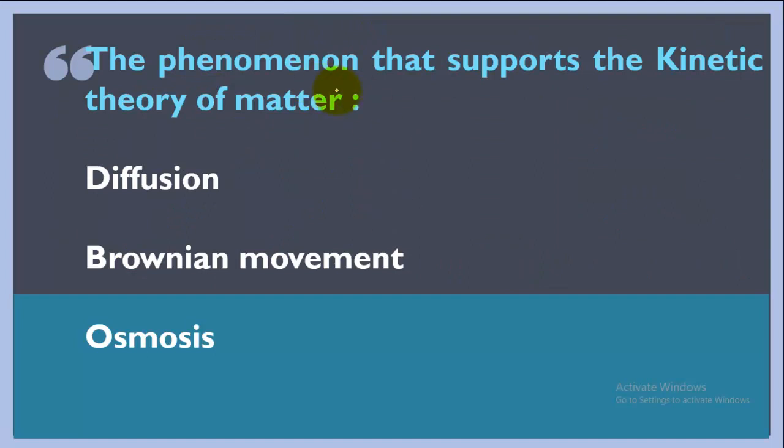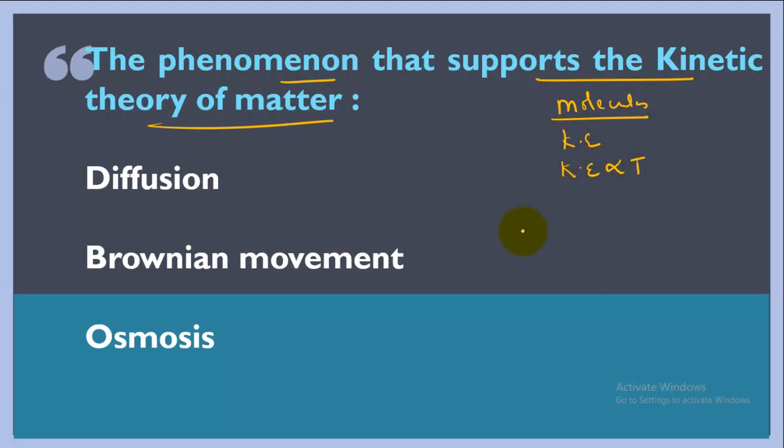Now the important topic which we are taking up is the phenomena that support the kinetic theory of matter. As we have done, the matter consists of molecules, molecules possess kinetic energy, and kinetic energy is directly proportional to temperature.